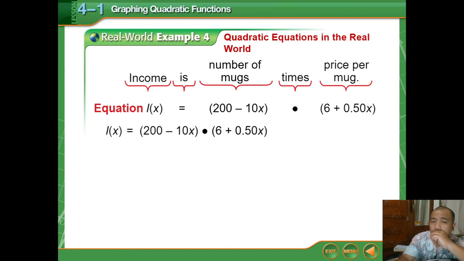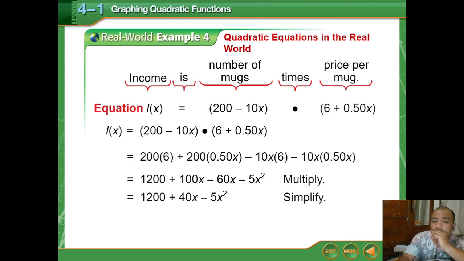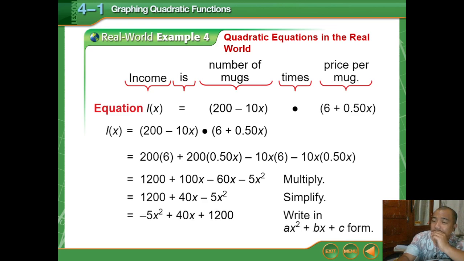Solving for the function by the FOIL method, we have 1200 plus 100x minus 60x minus 5x squared. Simplify: 1200 plus 40x minus 5x squared. Now write in ax squared plus bx plus c form.